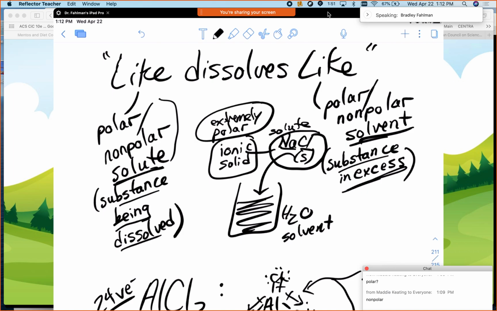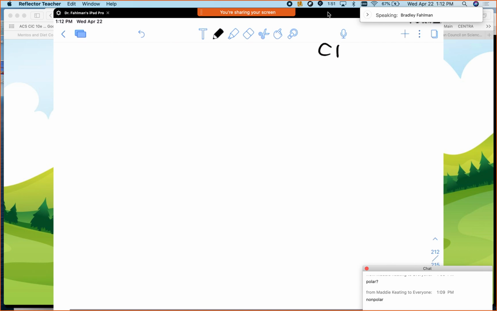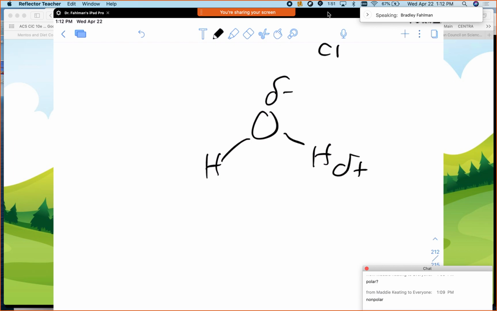Other types of polar compounds have one end of the molecule, like if we look at water, for instance, that was polar. One end of the molecule had a partial negative, and these were partially positive.